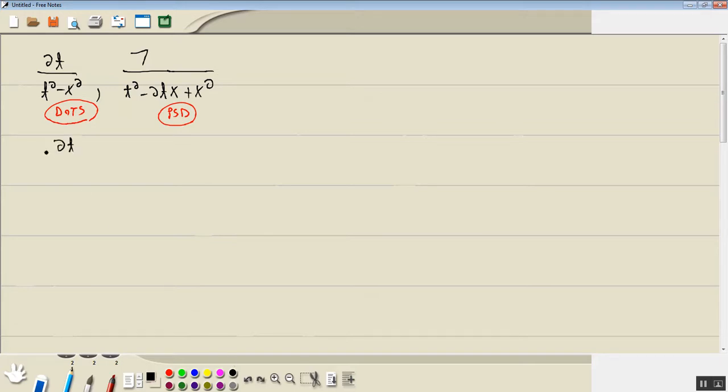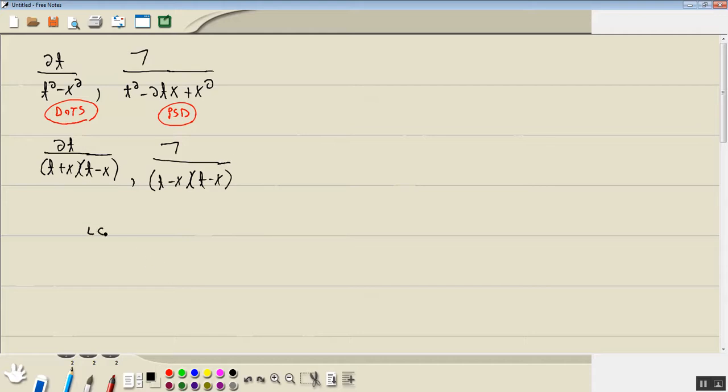So this becomes 2t over t plus x times t minus x. This one becomes t minus x times t minus x.